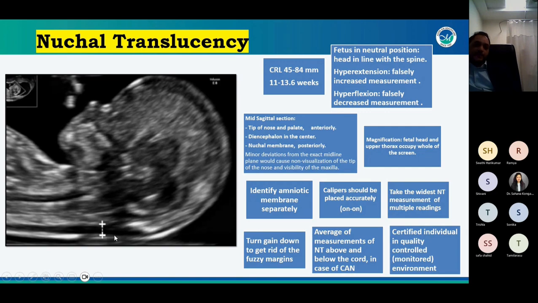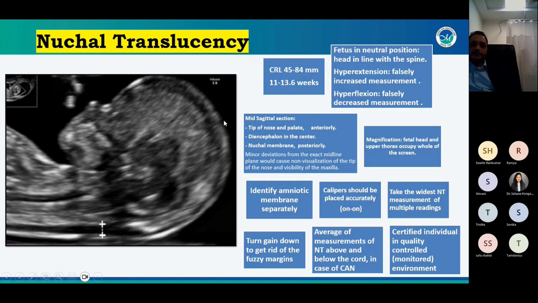For example, if you are not measuring it in the mid-sagittal section and the image goes slightly oblique, this gives a slight reduction in the nuchal translucency, and even a 10% reduction in the measurement can reduce the detection rate of aneuploidy by 60%. So that has a great impact on aneuploidy detection.